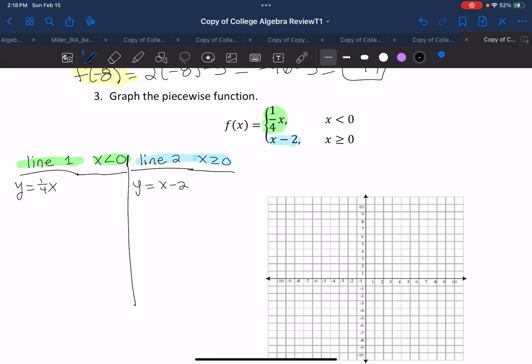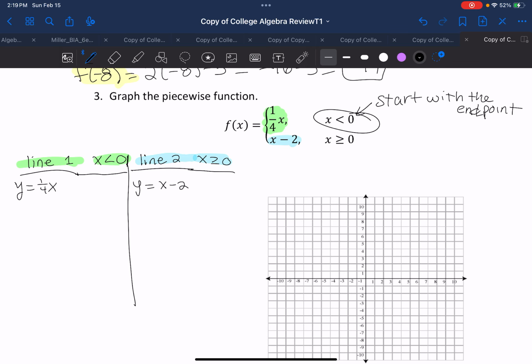Okay, so to graph these piecewise functions, I'm going to start with the first line, line 1, in green, and you always want to start with the endpoint when you graph it. In this case, the endpoint for that first piece is 0.